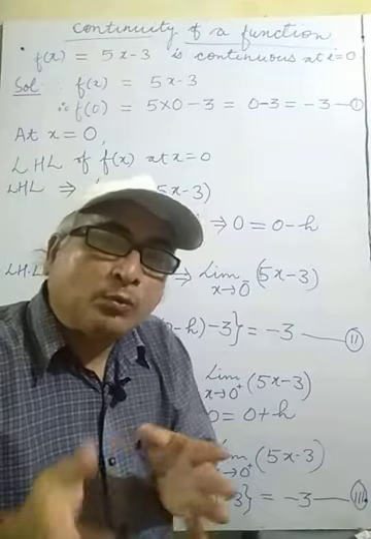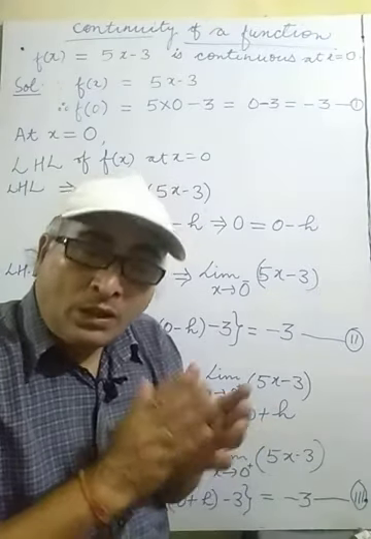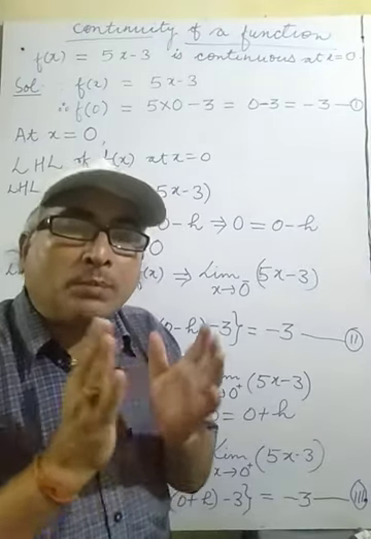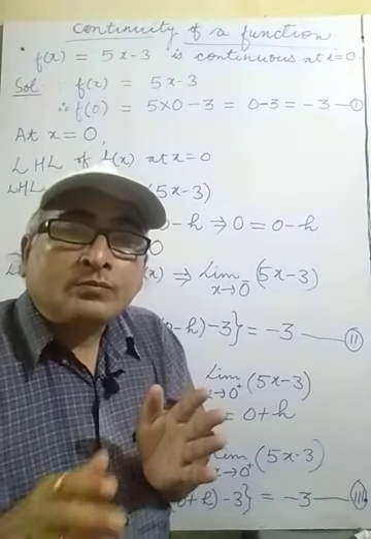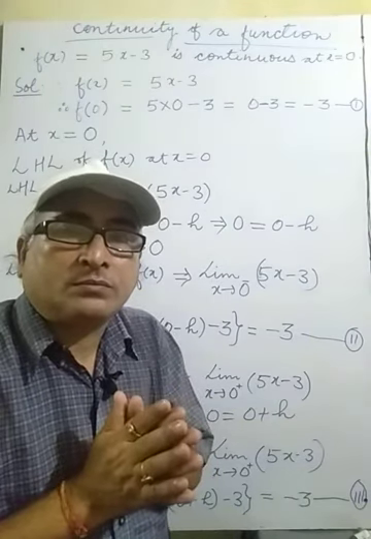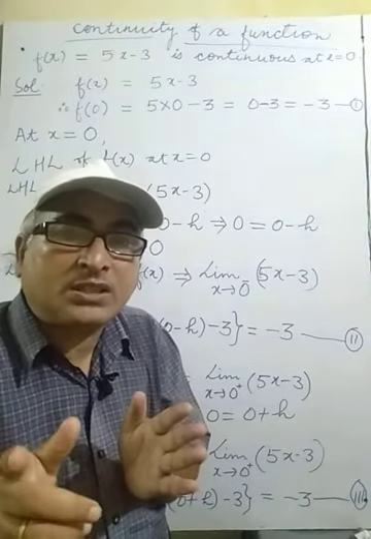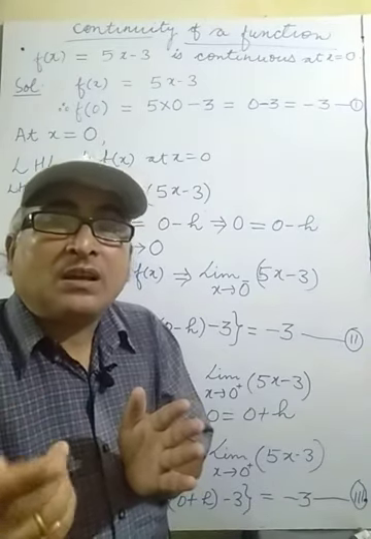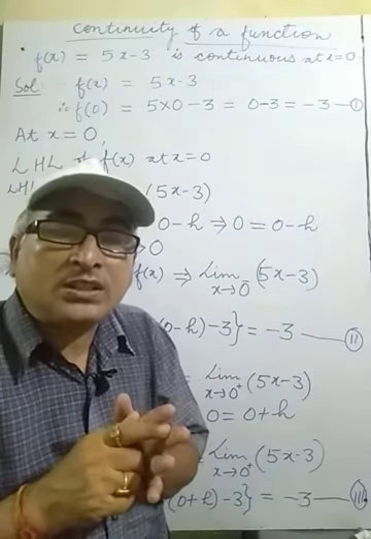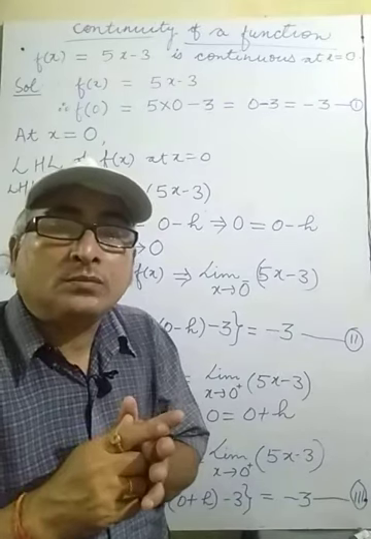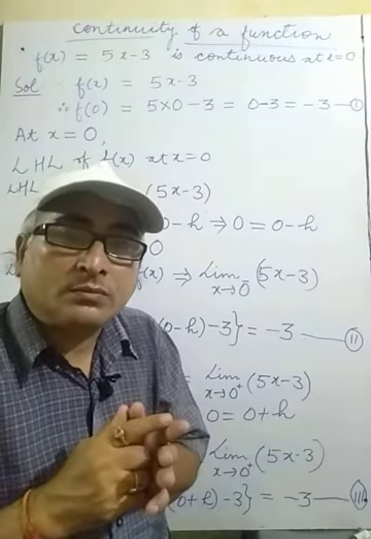Then we have to find the left hand limit. Left hand limit means in the place of x we have to take 0 minus h. Suppose x tends to 0, so we have to take a value less than that point, that is 0 minus h.